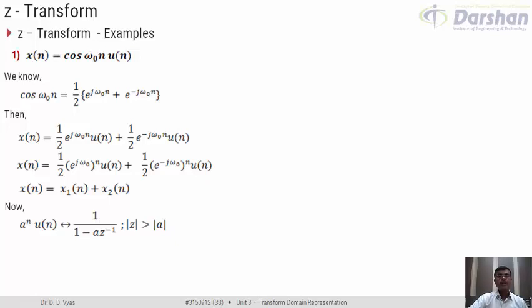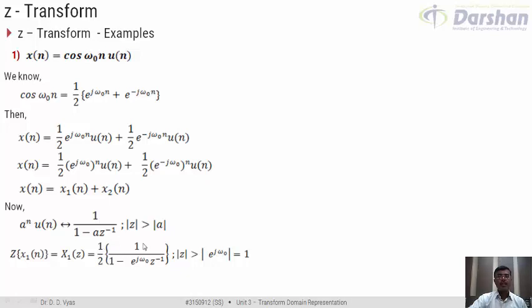If we try to see x1 of n as well as x2 of n, both are of the form a raised to power n u of n, where a in x1 is e raised to power j omega 0 and in x2 a is e raised to power minus j omega 0. So using this standard Z transform pair, if we try to find Z transform of x1, that is X1 of z, then this 1 by 2, which is a multiplying constant, comes as it is.